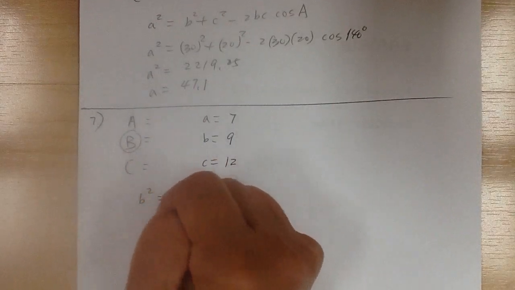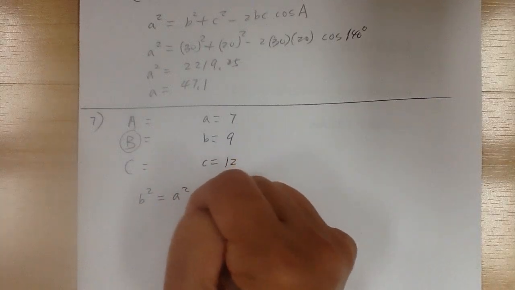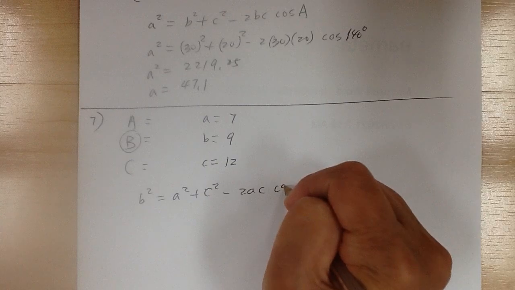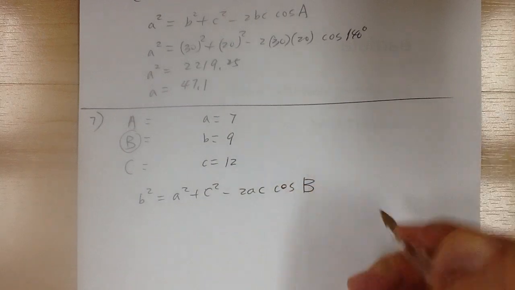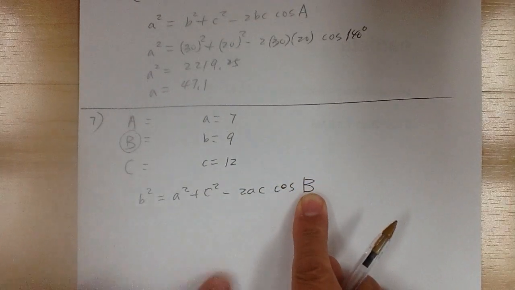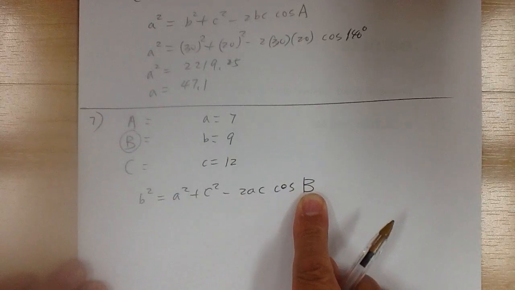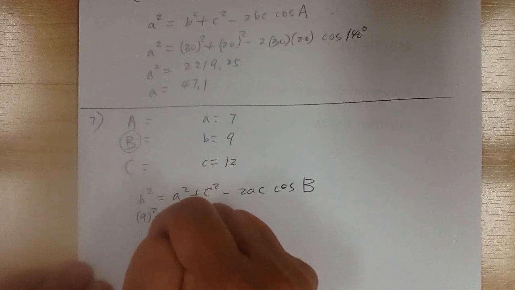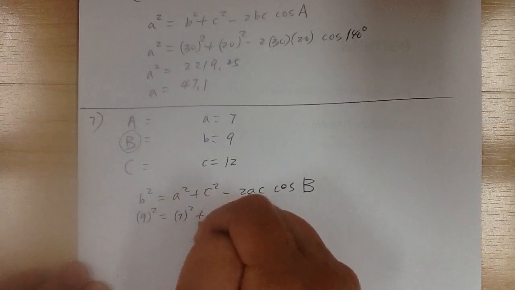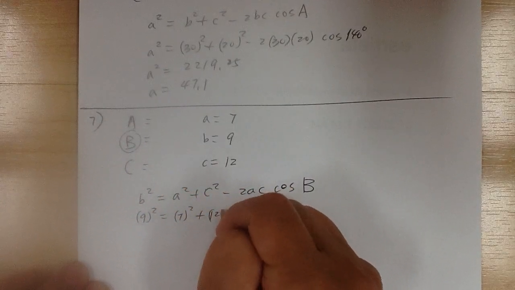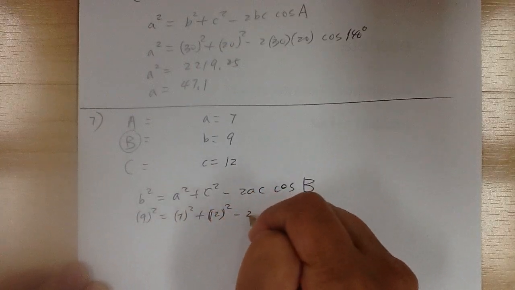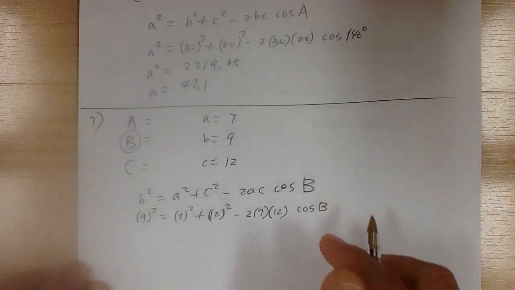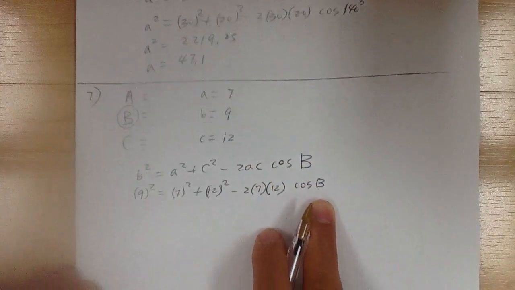B squared equals A squared plus C squared minus 2AC cosine of B. So you have to substitute everything and work it out step by step. 9 squared equals 7 squared plus 12 squared minus 2AC cosine of B. When you're solving for B, you have to be very careful.